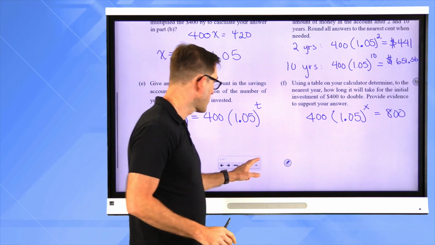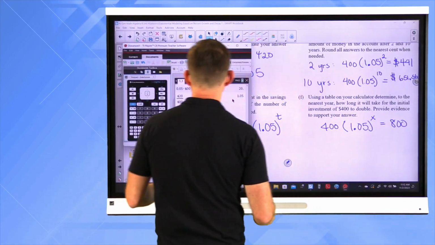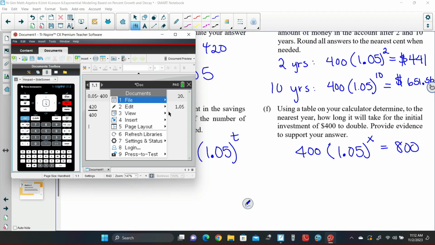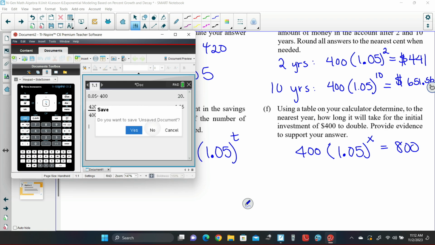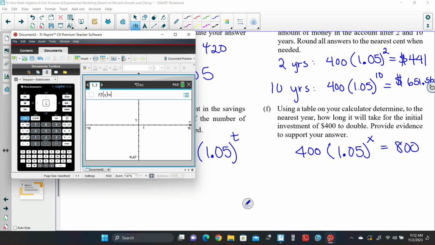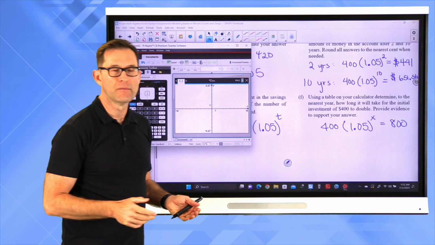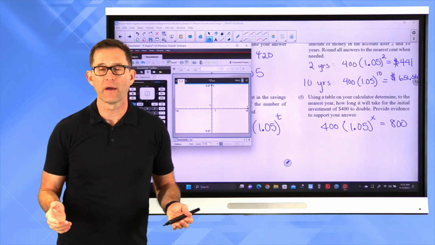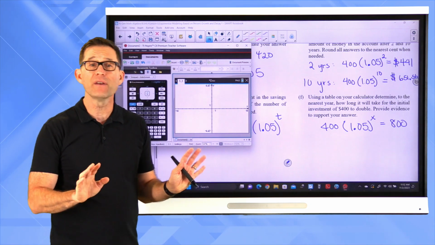So let's break out our calculator and take a look at a table. Let me go in here, new document, no. Let's bring out a graph. All right, so I'm going to put in 400 times 1.05 raised to the x. And of course, I don't see anything because my window is wrong. But I don't even need a window.